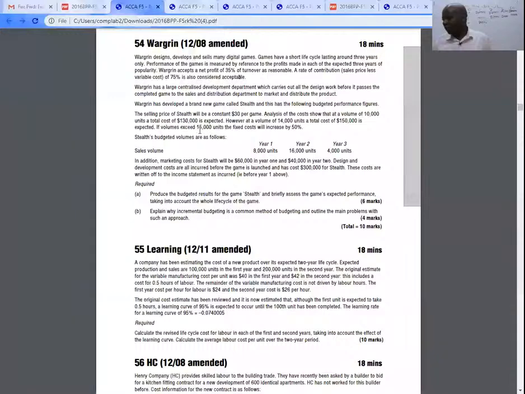If volumes exceed 15,000 units, the fixed cost will have to increase by 50%. You can see it's only year 2 whose volume is more than 15,000. So year 2's fixed cost will be 80,000 times 1.5. That is how Teresa was able to get 120,000.